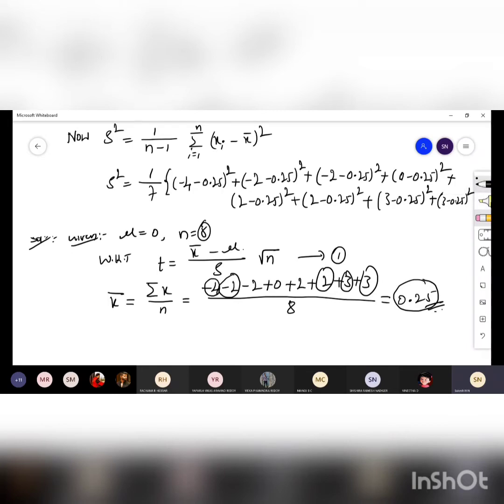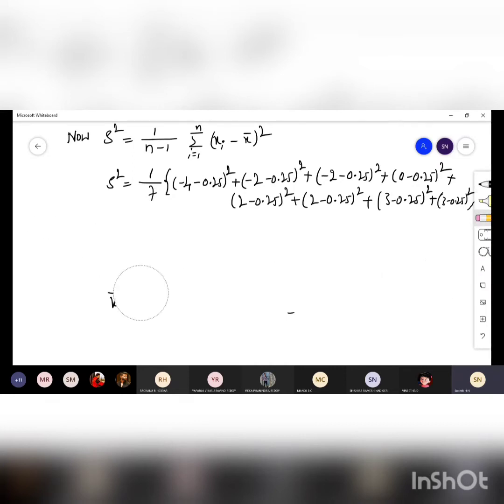So then close the flower bracket here. Then you need to find out the value of s. In the next step, s square is equal to 1 by 7 into flower bracket. At the end, after this substitution, if you substitute this into the calculator, you will get the value as 49.5.